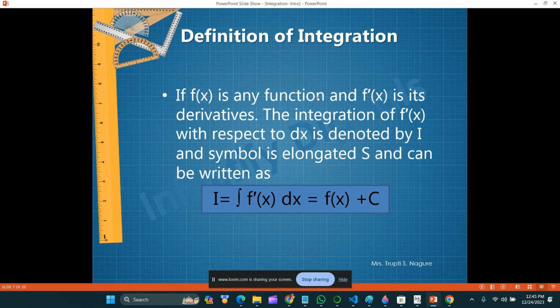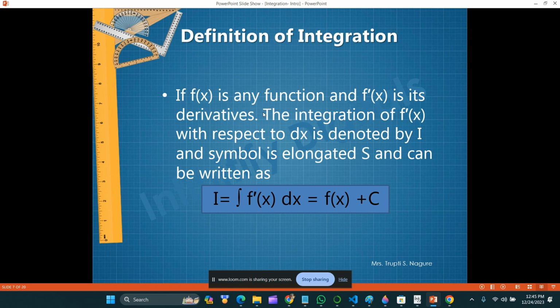Our given function is f of x, any given equation, and we differentiate with respect to x. Then we write dy by dx, which is also written as f dash of x.